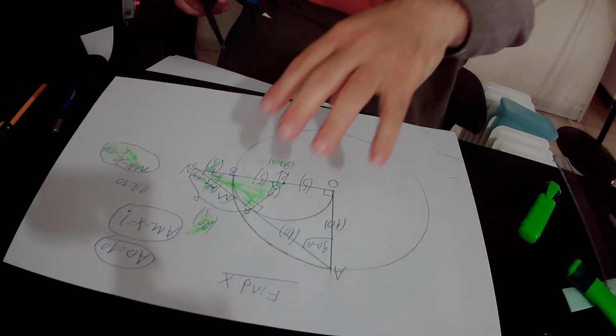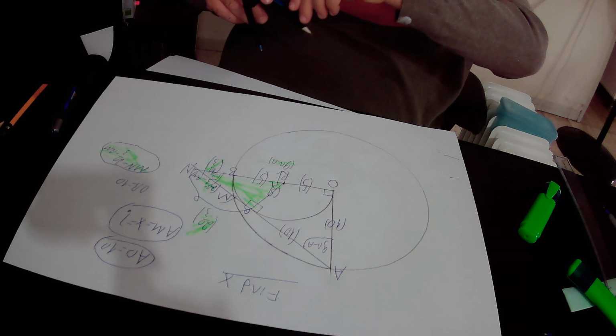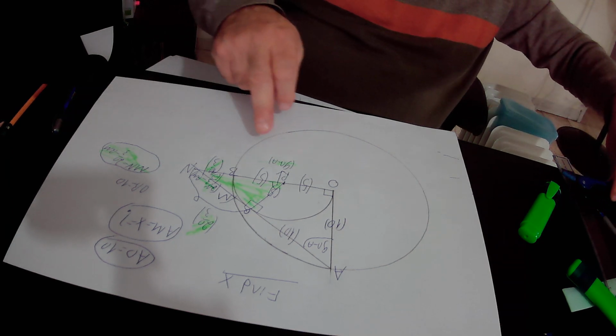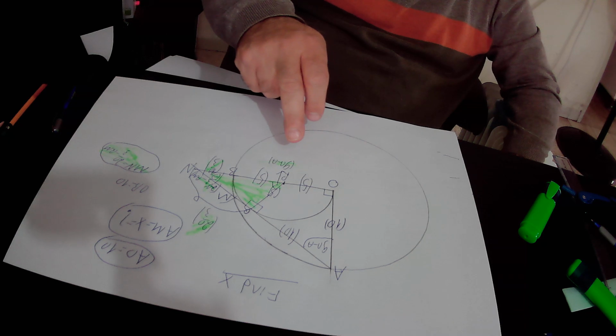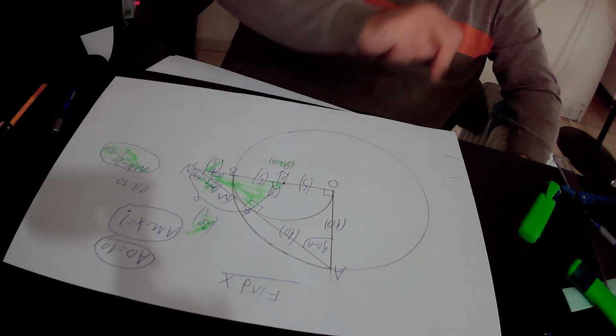So we actually completed this quarter circle to a circle, and we will extend side BO of this quarter circle by a straight line until it touches the circle.